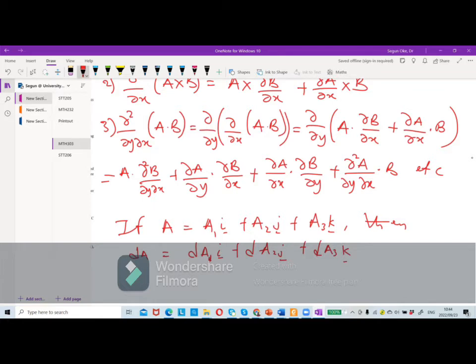So like that, you can begin to define it this way, but that's not our target. Let's quickly move to example one.